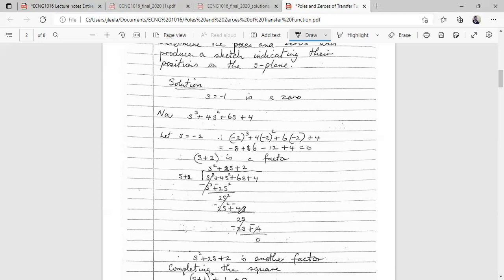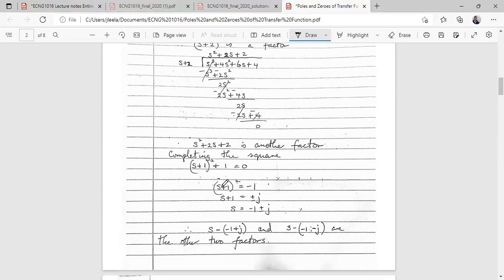So 6s minus 4s is 2s. S into 2s is 2, 2 by s is 2s, and 2 by 2 is 4. For the 2s to cancel, this had to be negative and this had to be negative. So 4 minus 4 is 0. So your next factor will be s squared plus 2s plus 2.